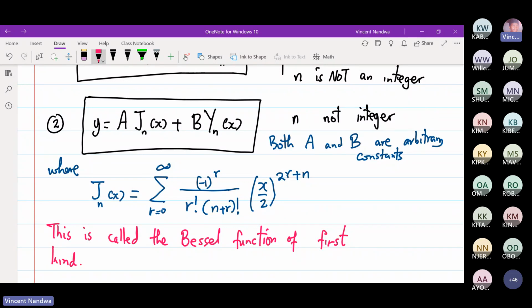So Jn of x given by this definition is called the Bessel function of the first kind. Notice that instead of writing this, you can as well write this in terms of the gamma function.